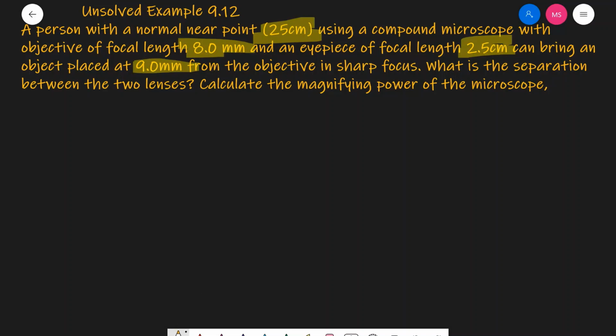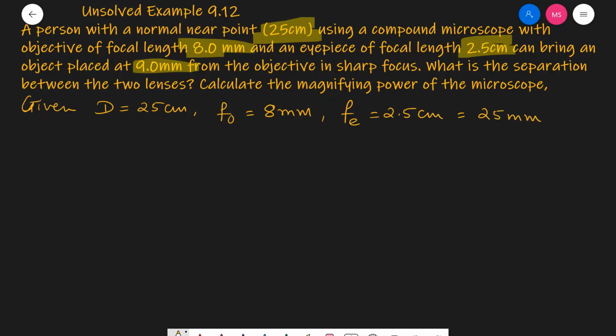So given near point D as 25 centimeter, focal length of objective is given as 8 mm, focal length of eyepiece is given as 2.5 centimeter, or you can say that 25 mm, and object distance is given as 9 mm.